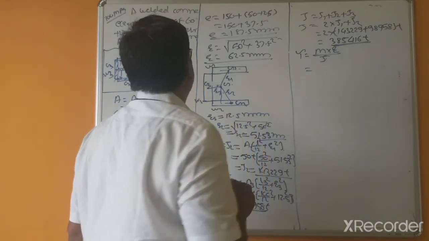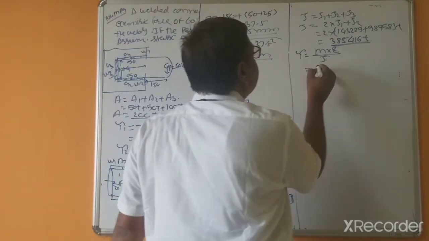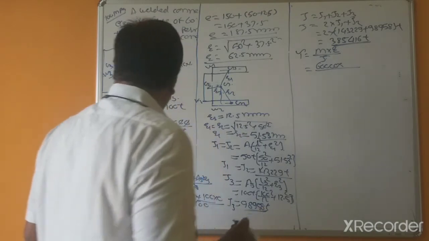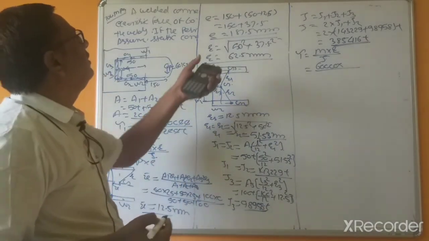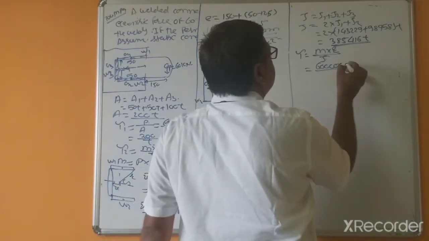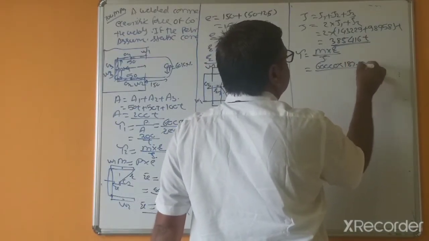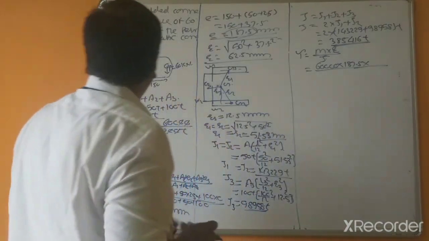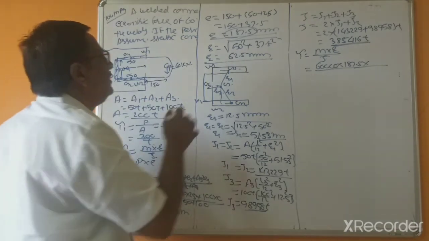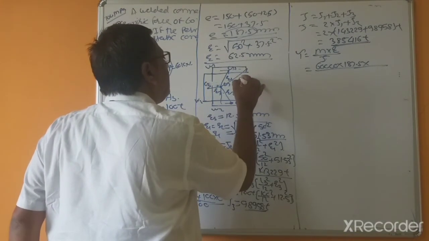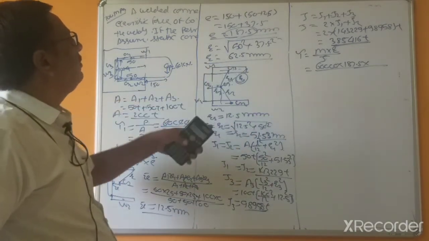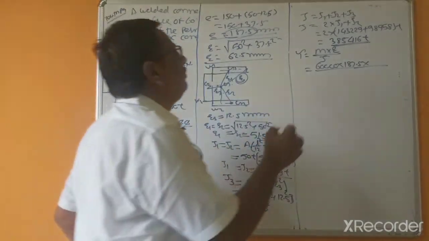M equal to 60,000 multiplied by e, we already calculated e equal to 187.5. R is the farthest distance from the weld. So this distance is the farthest distance. This R equal to, we calculated, 62.5.